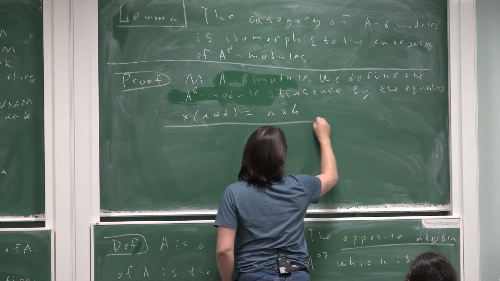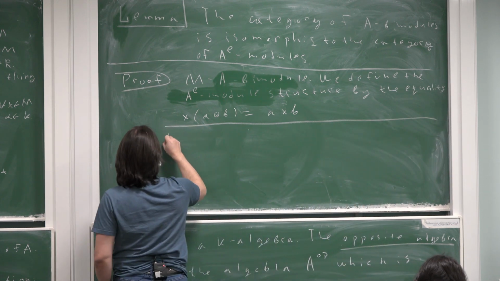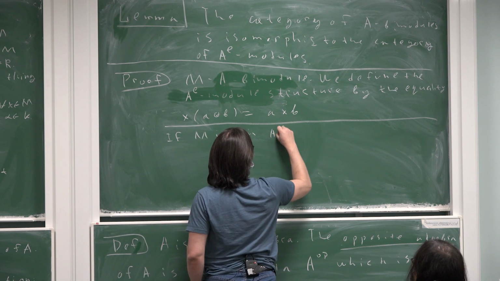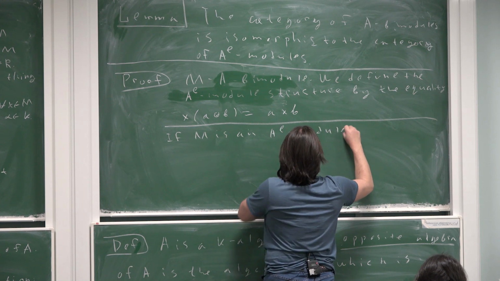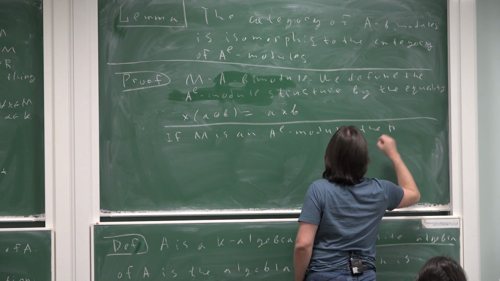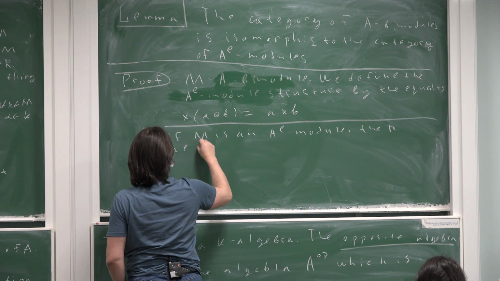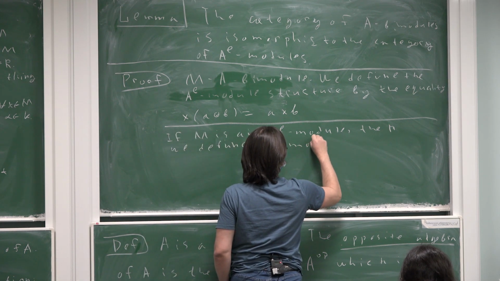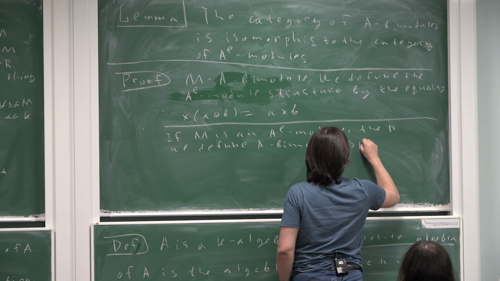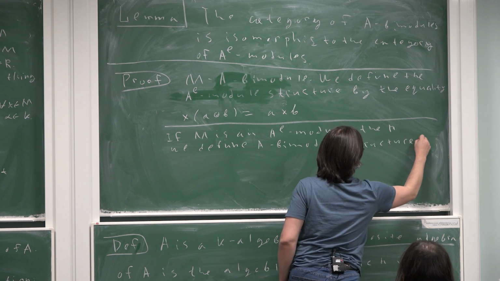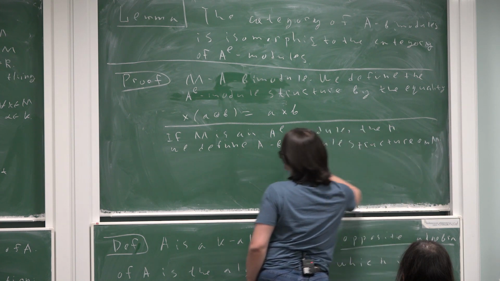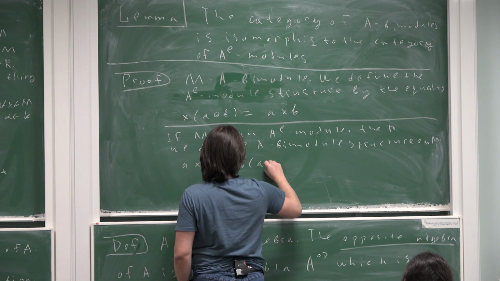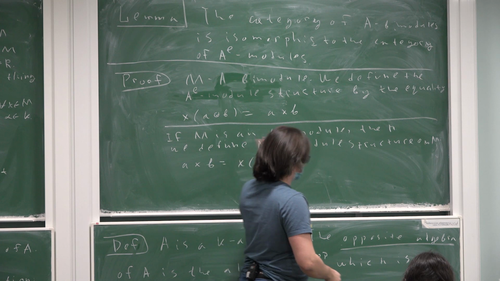And if M is an A^E module, then we define the A bimodule structure by a x b is equal to x times (a tensor b). So it's tautological.